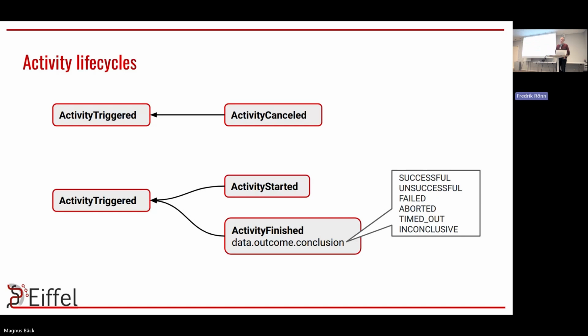However, there is a case that we haven't been covering so far, and that's if we are canceling the activity after it started. This could, for example, be a build avoidance scenario where we realize that we don't have to perform this build, but to come to that conclusion, we have to start the activity.